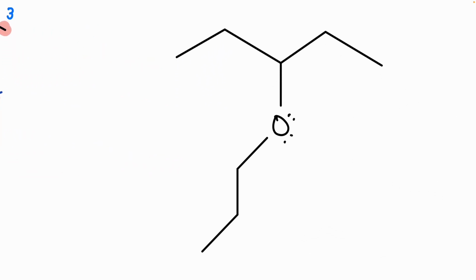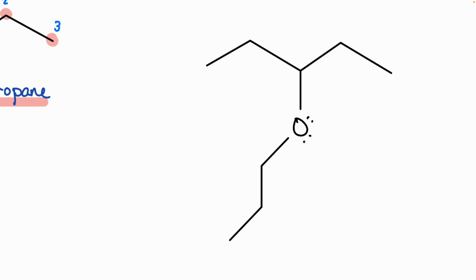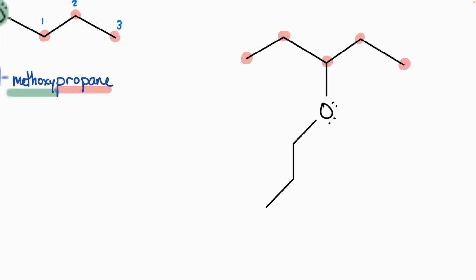I think when it's drawn like this, it's a little more obvious. So again, I'm going to chop at that oxygen. What's my parent chain, the top half or the bottom half? The top half, the longer of the two, more carbons. So my parent chain here are these 5 carbons, my pentane parent chain. And now the rest of it here is my ether substituent.